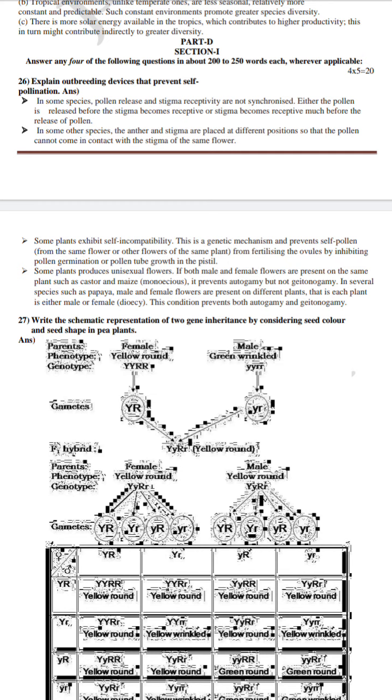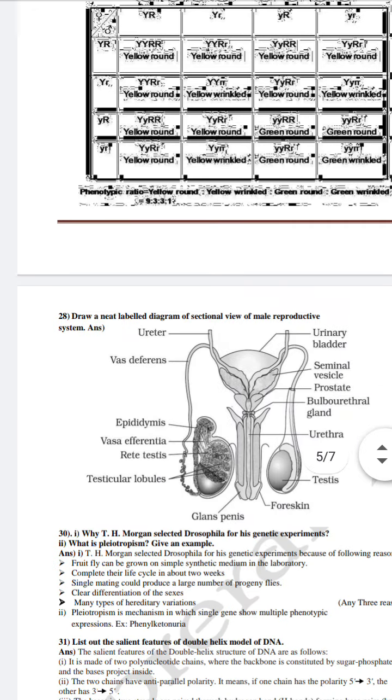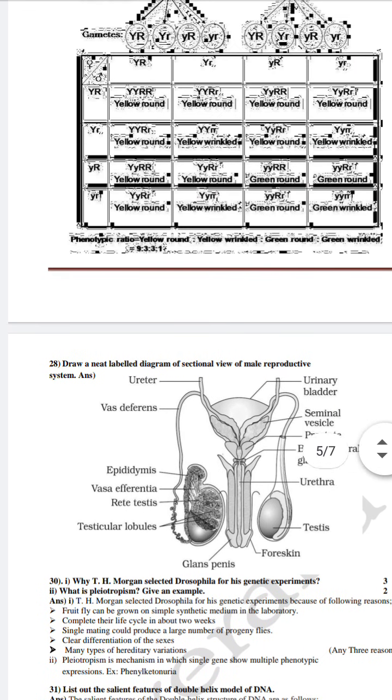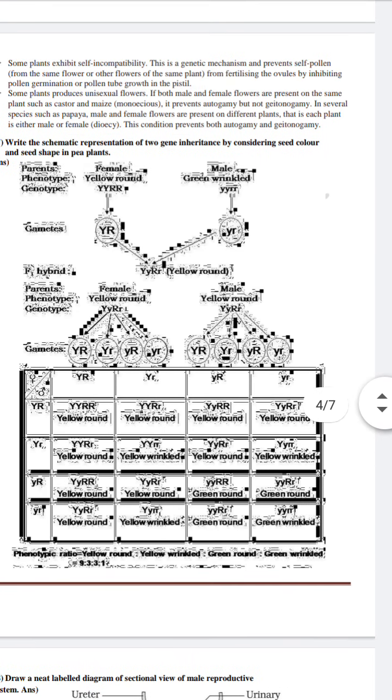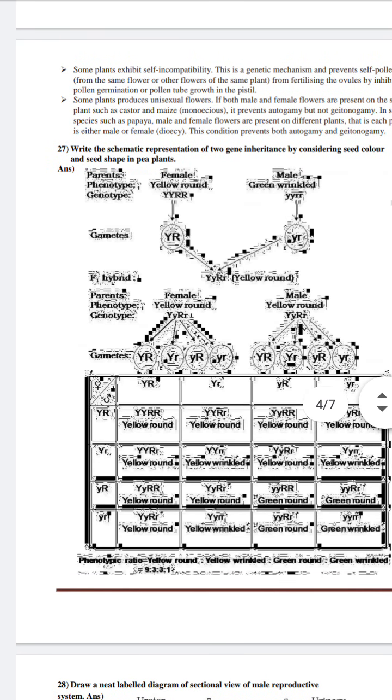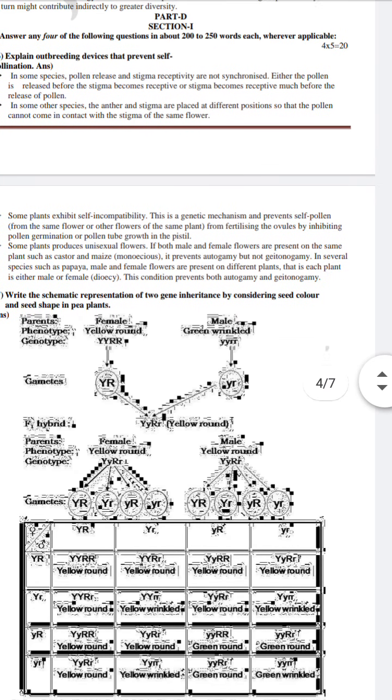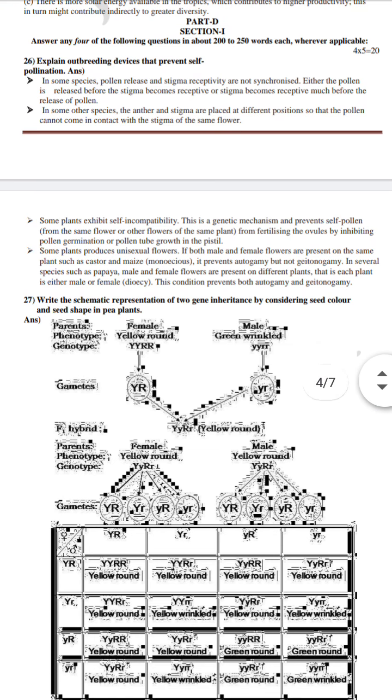Remember, if you write a shorter answer, it can't be considered to give more marks. And there is a choice for this: out of 6 questions you can choose the best 5 questions. But here students, each question should be composed of 200 to 250 words.